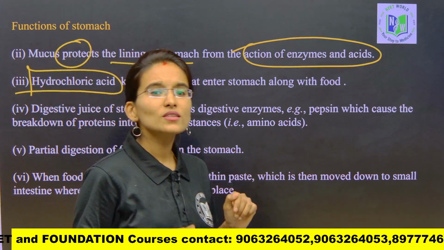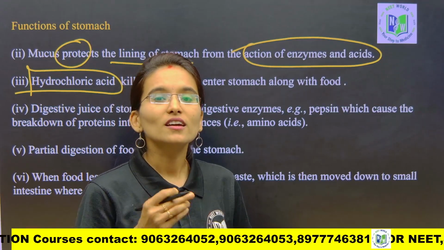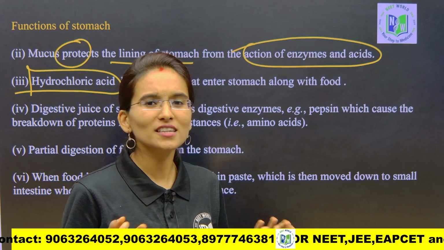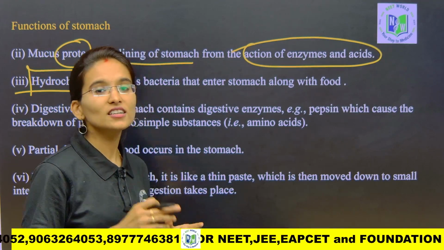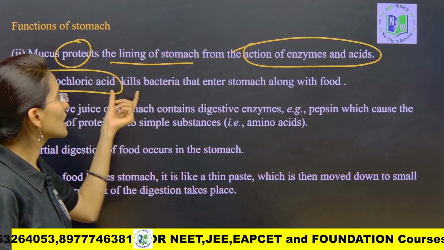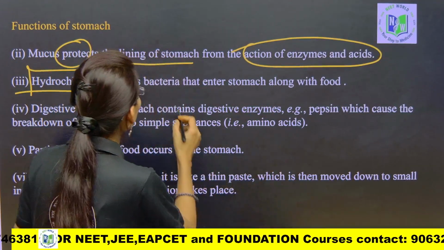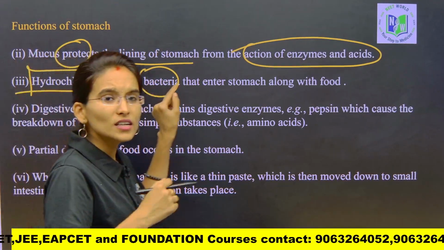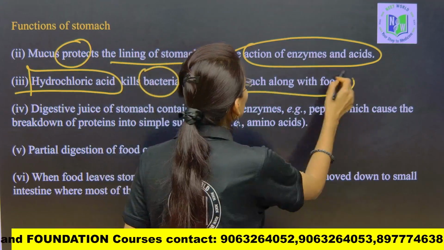The stomach is going to secrete the HCl, hydrochloric acid. What is the main function of the hydrochloric acid, my dear students? It is not secreted simply; it has one important function. The hydrochloric acid secreted from the stomach is going to kill the bacteria that enter the stomach along with the food.